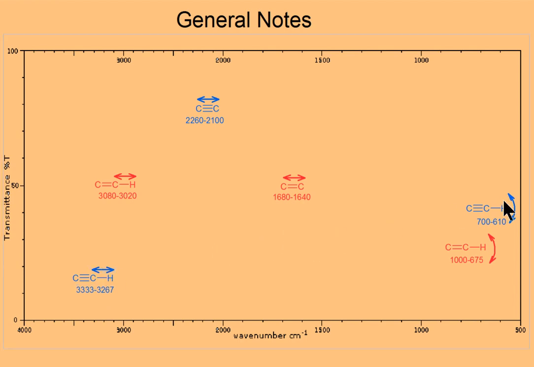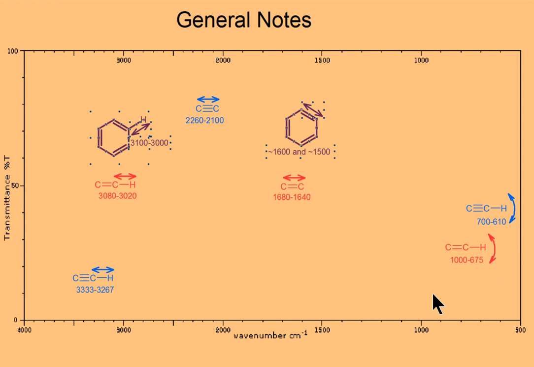We also have that bending vibration as well for the CH bond, which is attached to the alkyne bond. That's anywhere between 700 to 610 normally. It also tends to be moderate to very strong, and also tends to be very broad, like the bending vibration for the alkene bond.